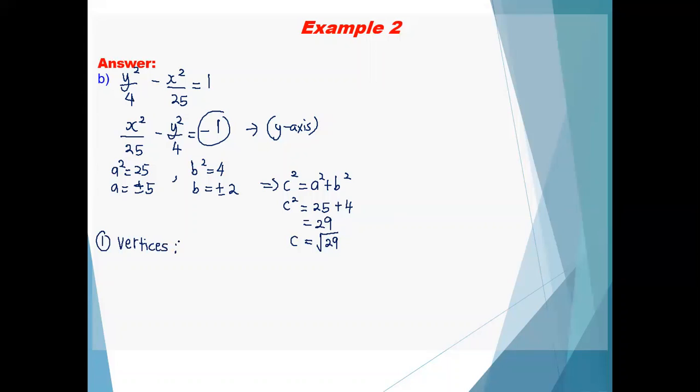Okay, vertices is sebab dia pada y-axis kan. Okay, so vertices dia adalah 0, 2, and 0, -2.